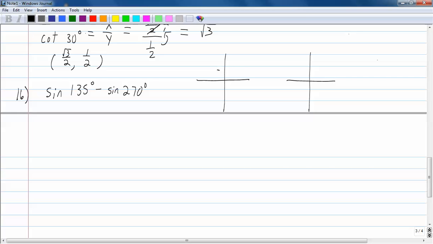Which quadrant is 135 degrees in? Because then, using the salty C chart, I can tell if the answer is going to be positive or negative. Then we need to use the reference angle chart to figure out the reference angle. If we know the reference angle, then we know which point to use, and we can get our answers.